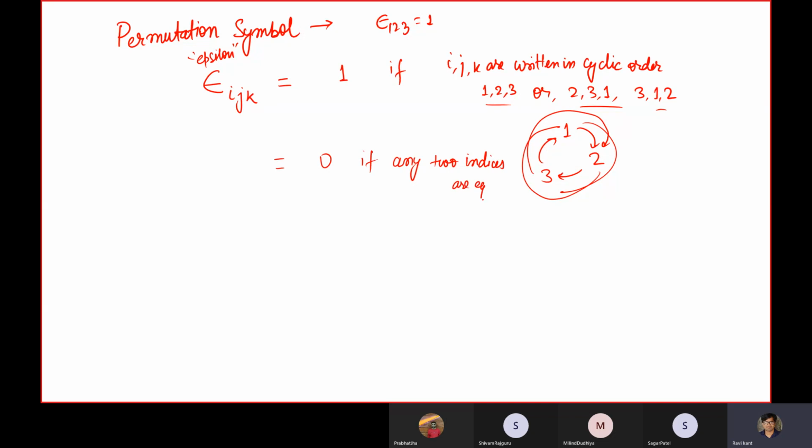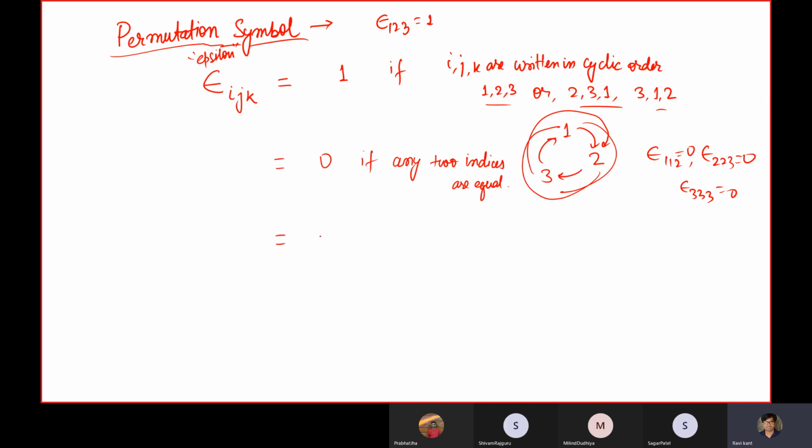So it means epsilon 1 1 2 or epsilon 2 2 3 or epsilon 3 3 3, any of such things will be 0. Okay, this is how I am going to define my permutation symbol, and this is also helpful to understand our tensor algebra.